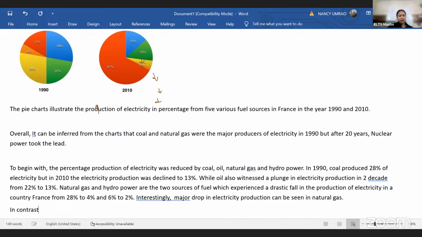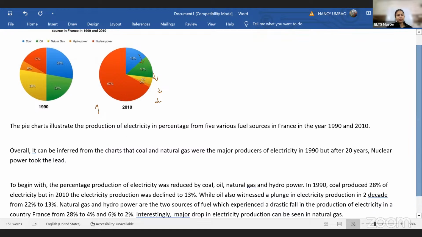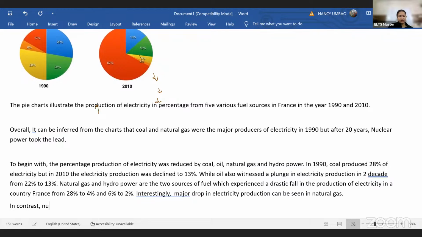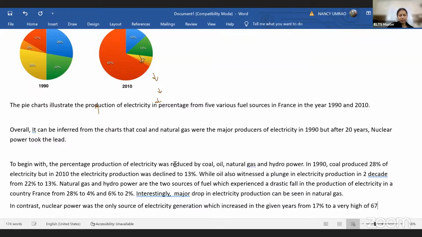Now you're moving to the opposite point. You could start with: In contrast, comma, nuclear power was the only source of electricity generation which increased in the given years from 17% to a very high of 67%.